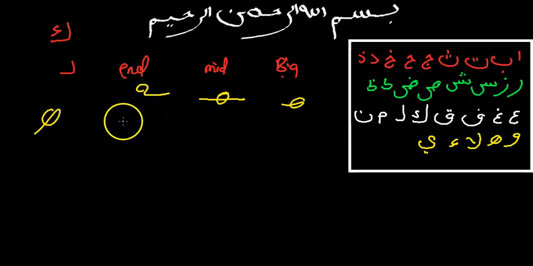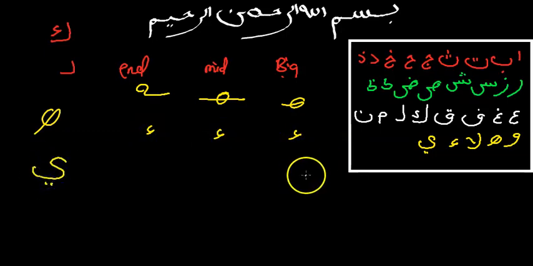What about lam alif, which is almost the same thing with lamun, and al-hamza is always this, and the isolated form of ya'un is ya'un. Middle form or beginning form most times is ya'un. Middle form is ya'un with 2 dots beneath, and the end form is ya'un.